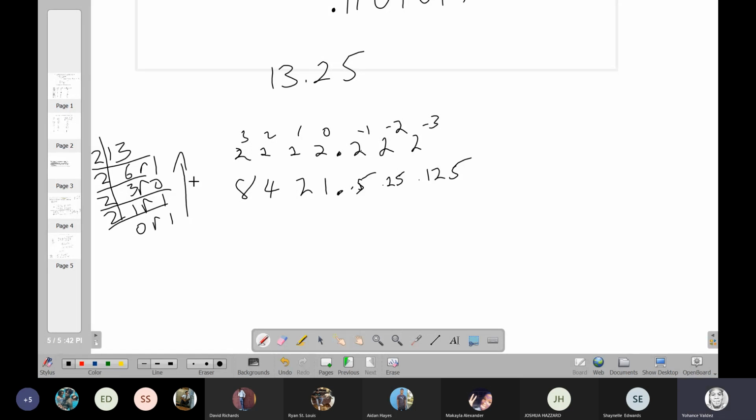If you represent it coming up, you get 1, 1, 0, 1. And that's what you got on this side of the point. 8 plus 4 plus 1 is 13.